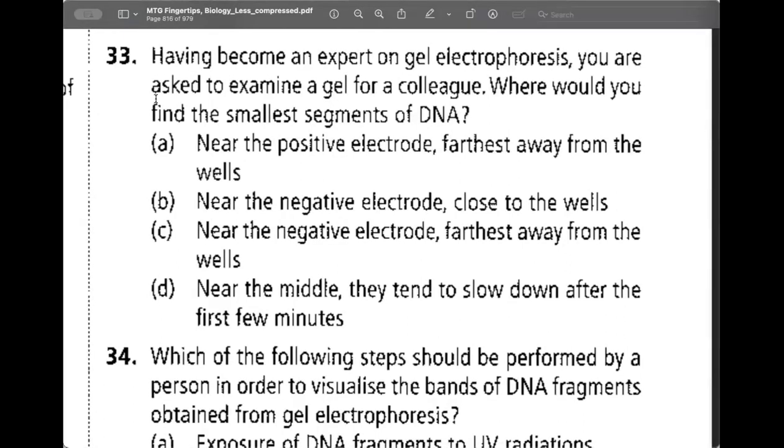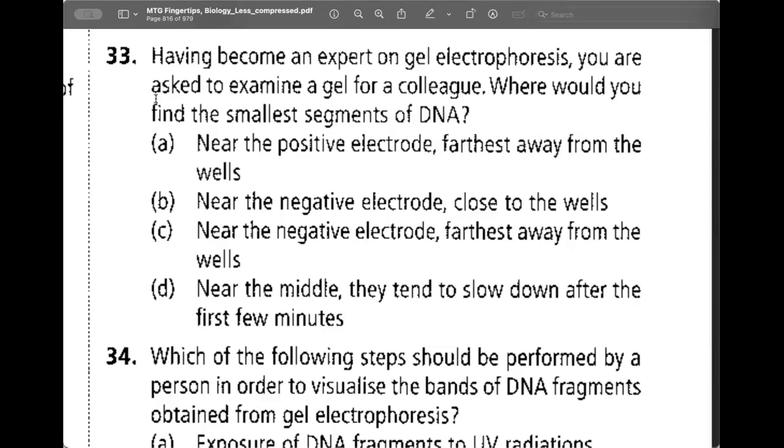Having become an expert on gel electrophoresis, you are asked to examine a gel for a colleague. Where would you find the smallest segment of DNA? Near the positive electrode, farthest away from the wells; near the negative electrode, close to the wells; near the negative electrode, farthest away from the well; near the middle.